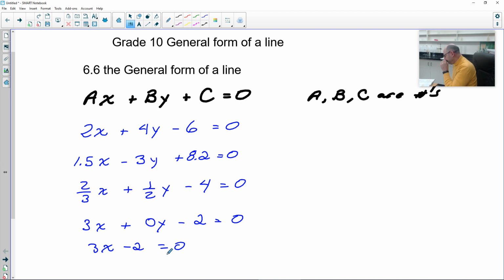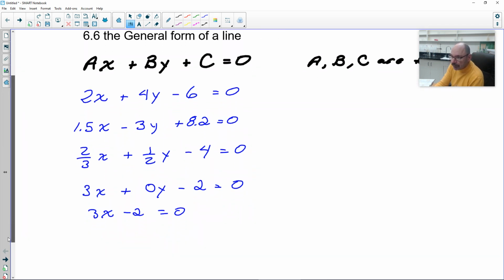So you could have a missing value of y, x, or a number in there as well. So those are all called general form of a line. So a couple of notes about this.